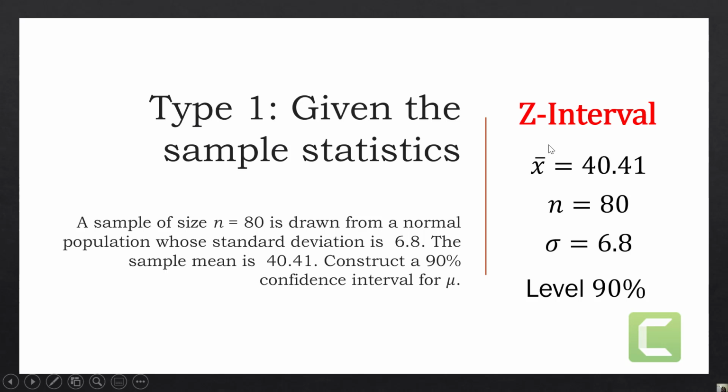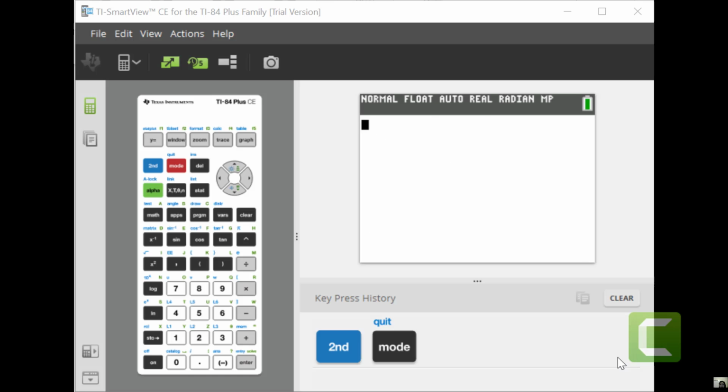So now let's take a look at the calculator. This is the TI-84 CE, and on the left side you see the calculator, and on the right side we have the screen. So we want to construct the confidence interval. We need to go to stat.